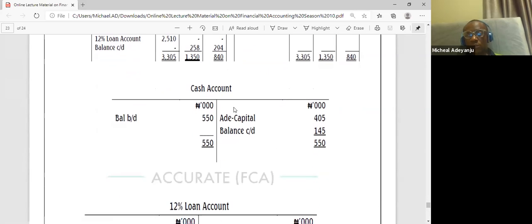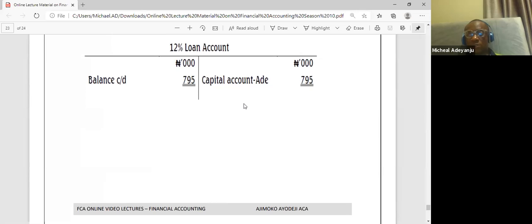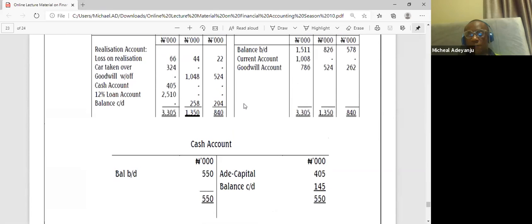So we have the cash account. Remember, from our 550, Ade was paid 405. Our closing balance is 145. Our loan account is now 795. How did you get 795? What is 12% of 2,510? 0.12 times 2,510.